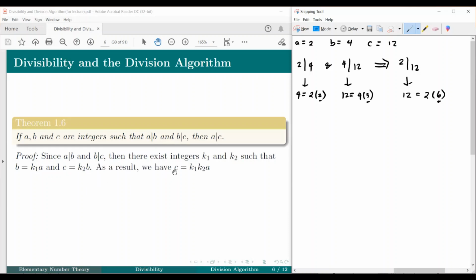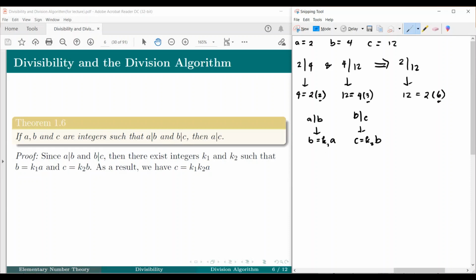As a result, we substitute. Take note again, if a divides b, we can write b equals k1 times a. Now, if b divides c, by definition, we can write c equals k2 times b.